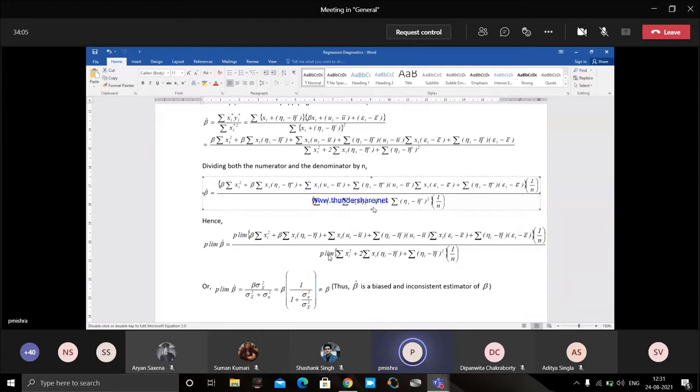So we cannot take the mathematical expectation of beta hat, because the mathematical expectation of a ratio is not equal to the ratio of the mathematical expectations of the numerator and the denominator, and that property you know. So instead of going for mathematical expectation, we are emphasizing the probability limit.